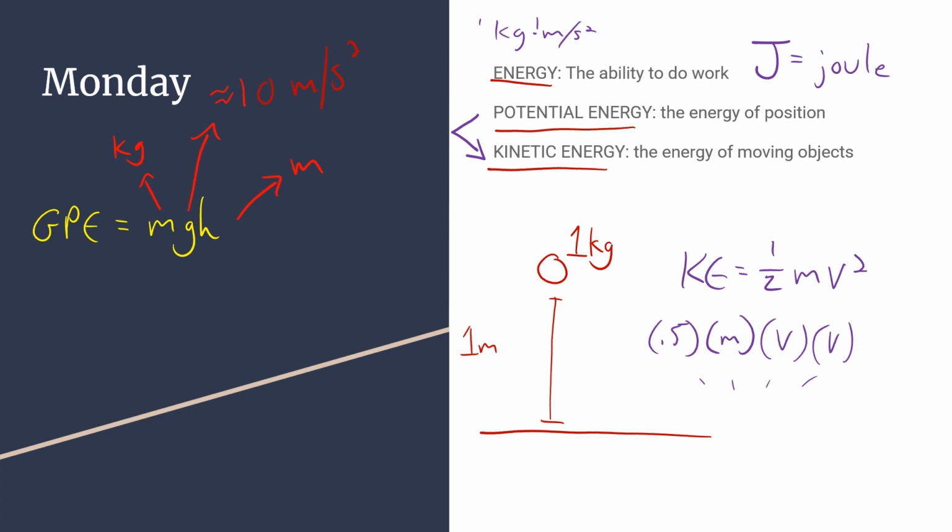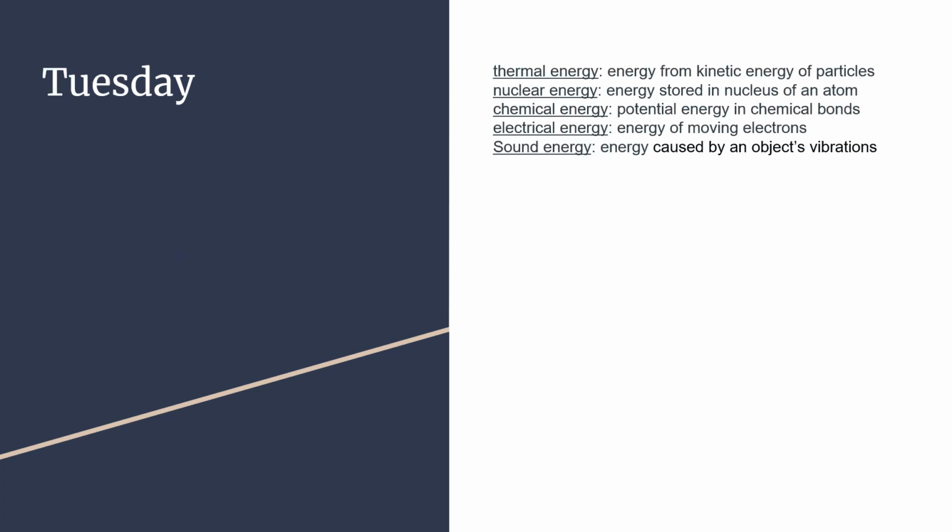Okay, all right, let's go forward. Here we have some other kinds of energy. We have sound, electrical, chemical, nuclear, and thermal. Big idea here: you can pause the video to make sure you understand all of those definitions.